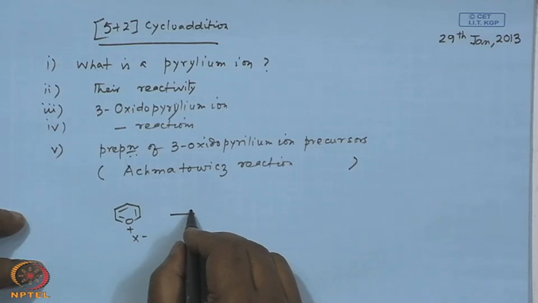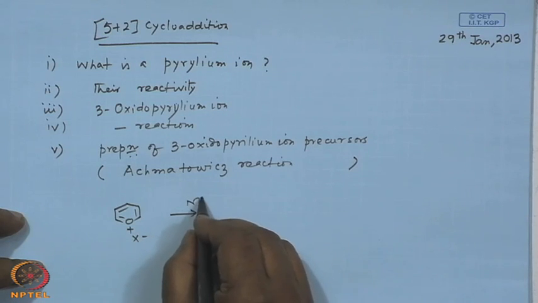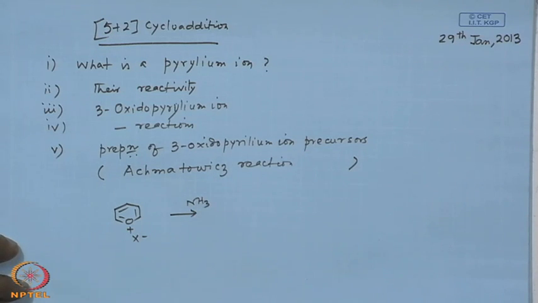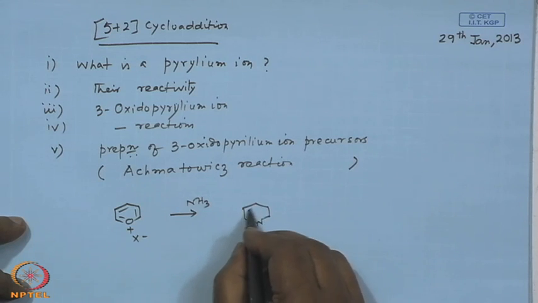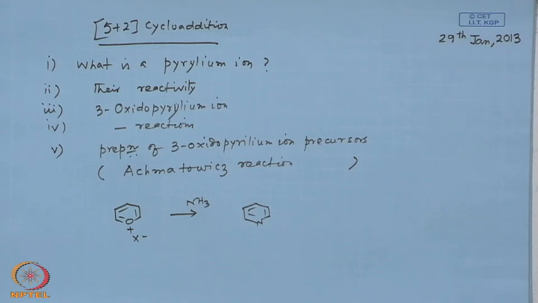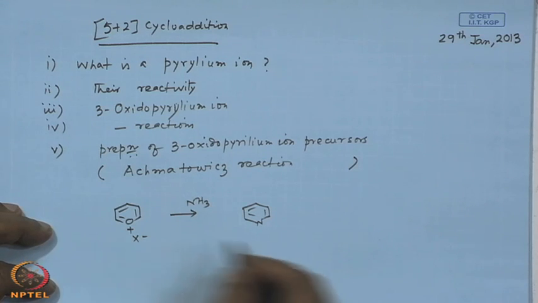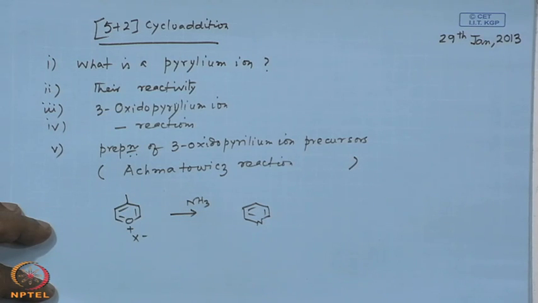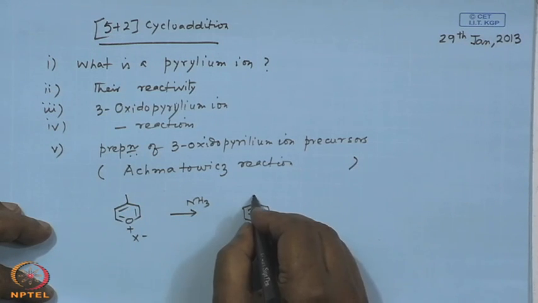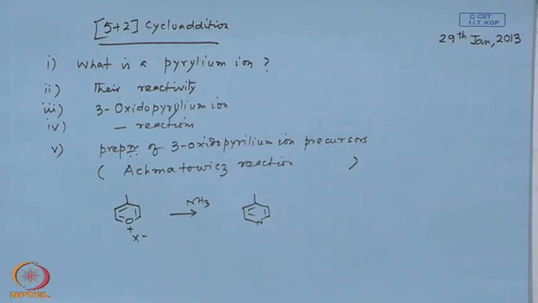For example, if you just put ammonia here, you will get simple pyridine. Let us say the exact example is like this one: if you have a methylpyrylium salt, put ammonia, then of course you get the methylpyridine, 4-methylpyridine.